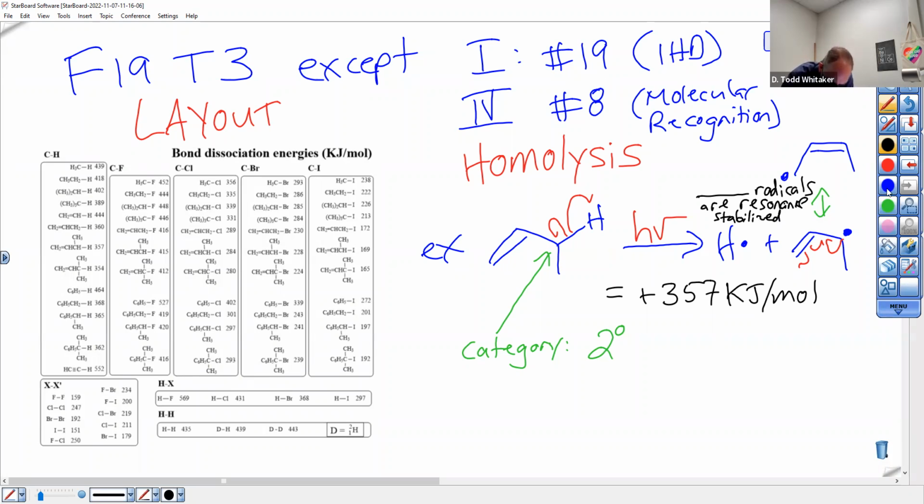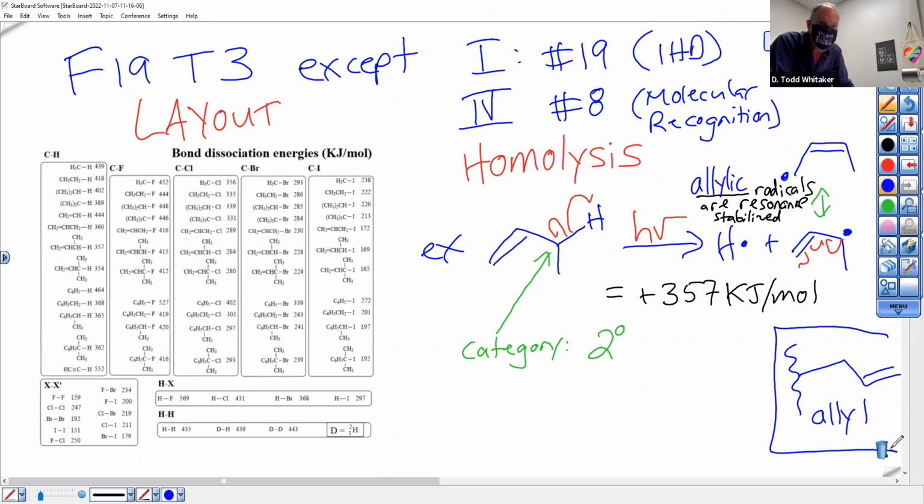And its name is based on this group. What's this group called? If it was a nomenclature question. Allyl. Allylic radicals are resonance stabilized. What makes something allylic?